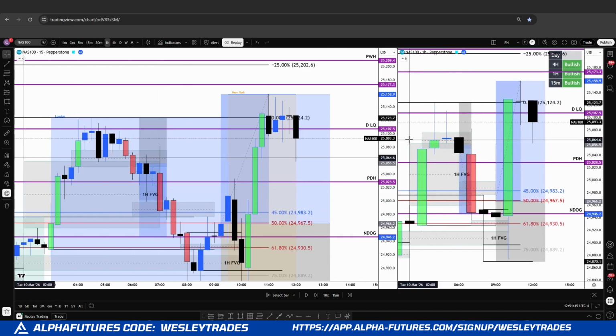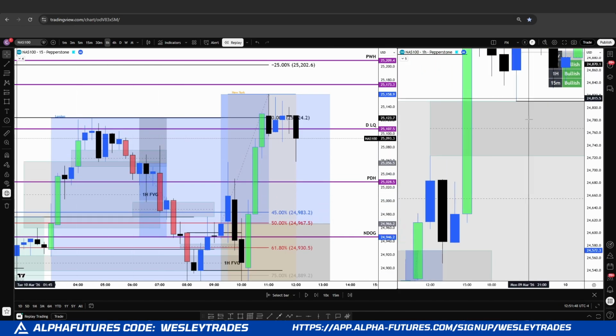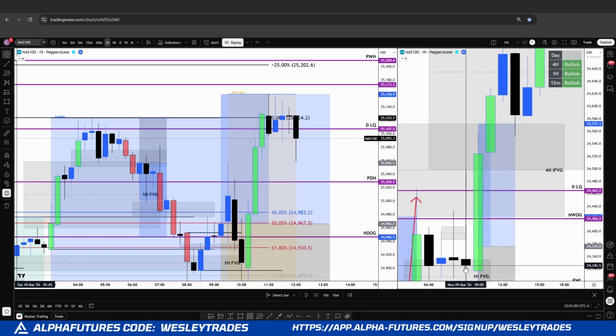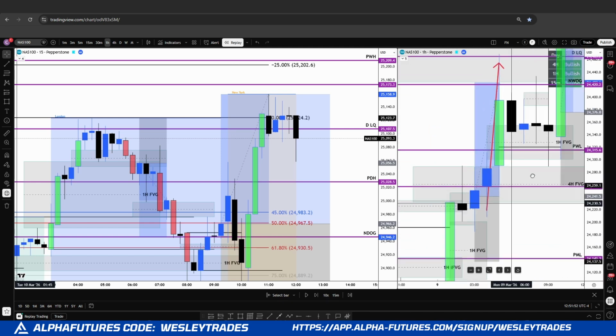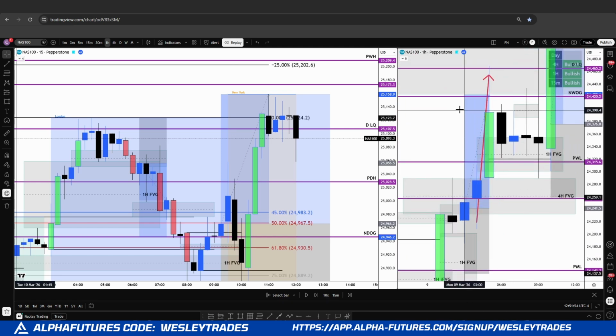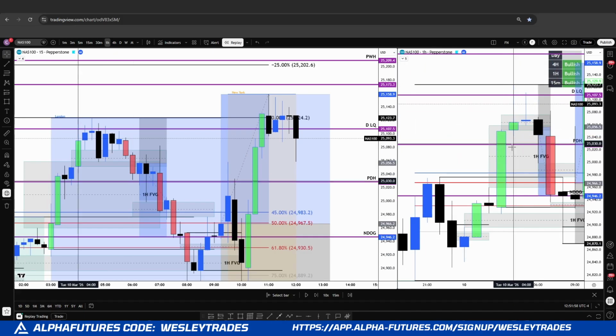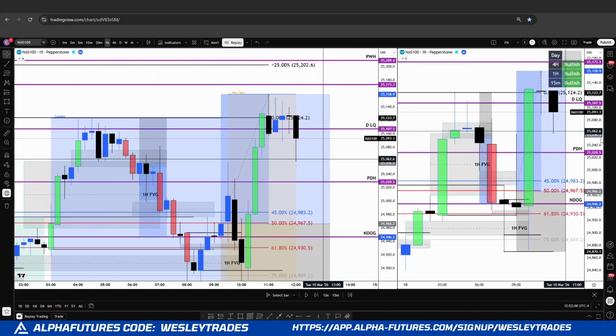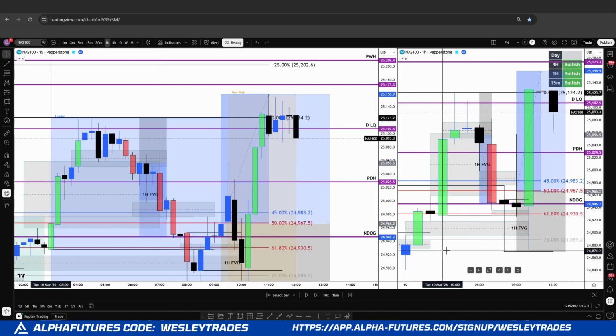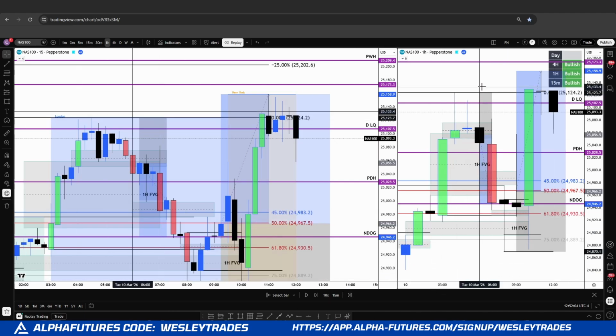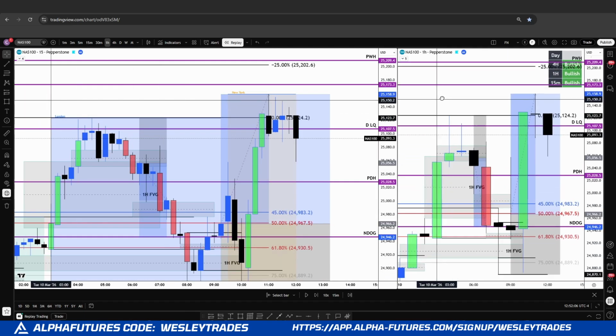That's why I don't need to go days and weeks back on the higher time frame. No need. We are here at price. Why do you want to look at structure that's far down below or far above?